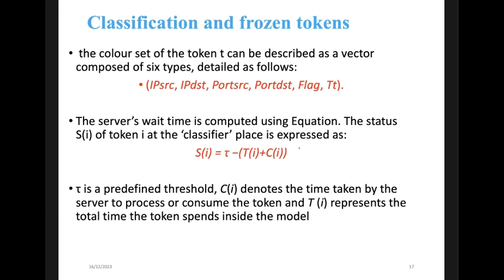This can be determined by the network administrator, and C denotes the time taken by the server to process the token, and T signifies the total time the token spent inside the model. So by calculating time for each token, we can classify all normal and abnormal behavior.